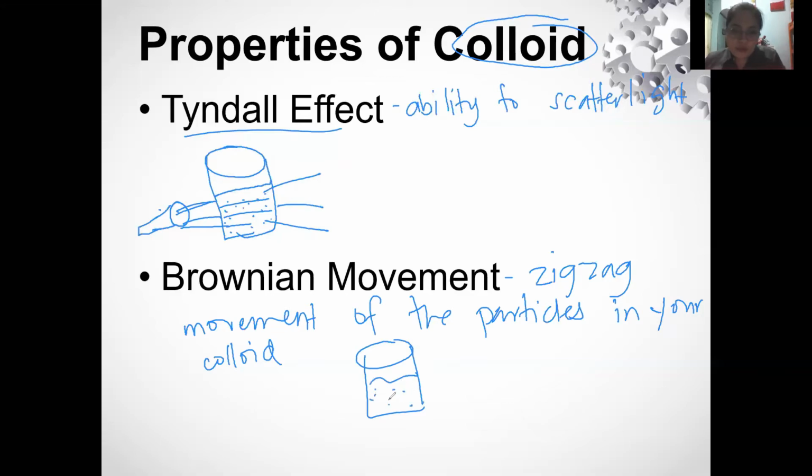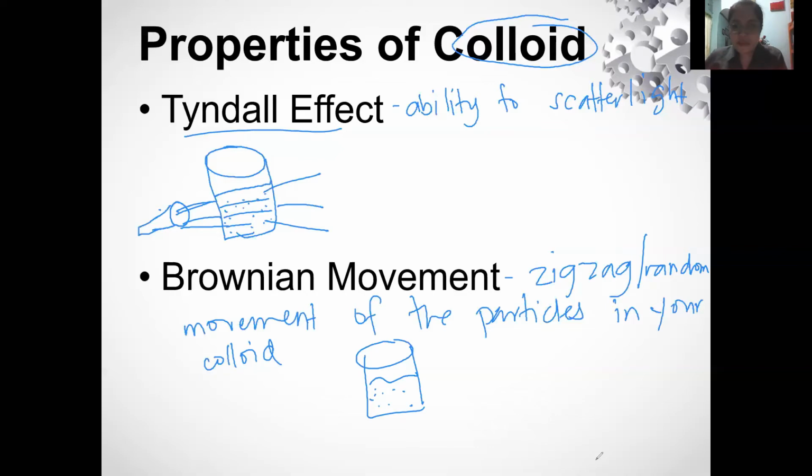So itong mga particles na to, they are in constant motion. Nagmo-move talaga sila, but actually they don't have a pattern in terms of their movement. So random yung pag-move nila. Or let's add here random movement or zigzag movement of the particles sa colloid. So we call that again Brownian movement.